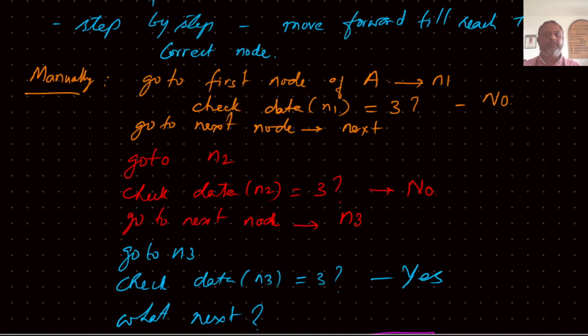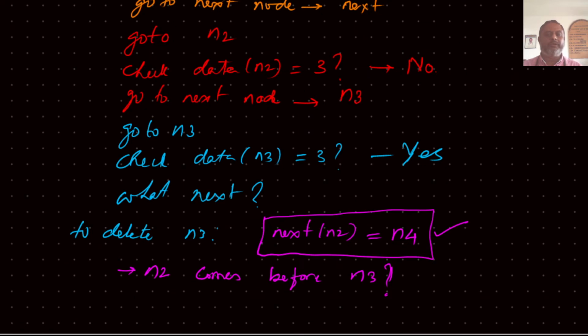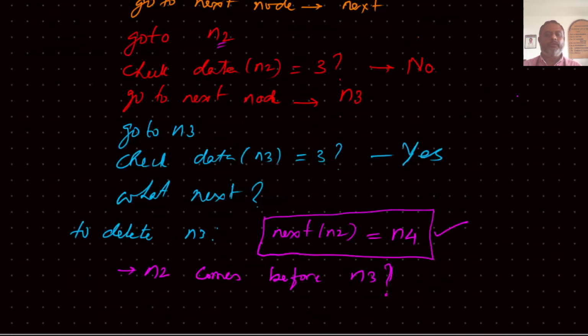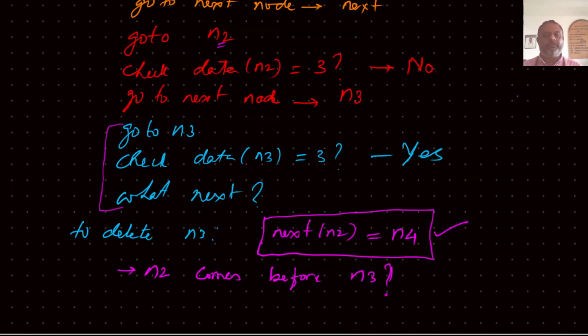You may ask, what nonsense question is this? We started from the beginning, went to N1, then N2, and after that N3. Fine. But when you are in N3, how do you know that you have come from N2?